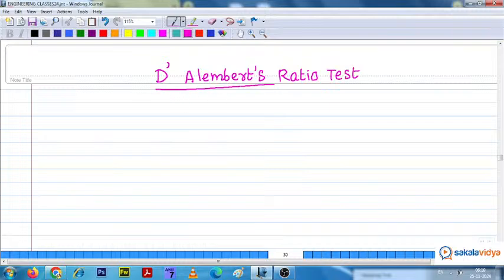So, D'Alembert's ratio test, when do we apply? That is very important, so we need to keep it in mind.